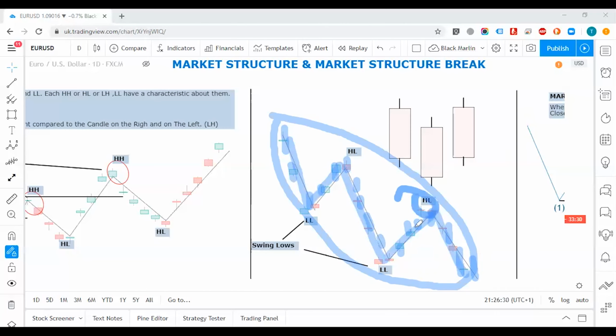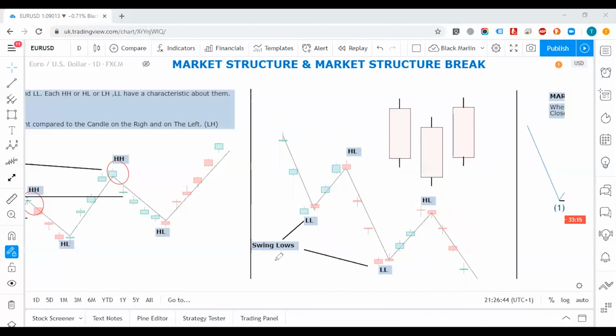And therefore, the swings they've created on the weekly time frame will be a lot stronger than the swing they've created on the hourly time frame. Okay? It will be a lot stronger than the one they've created on the 15-minute time frame. It will be a lot stronger than the one they've created on the daily time frame.